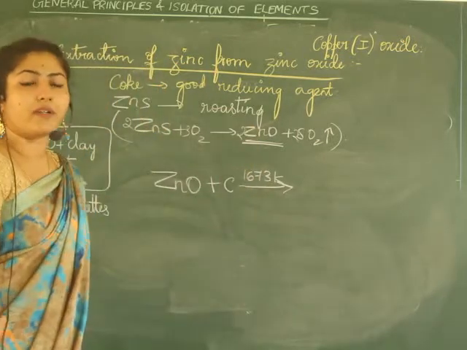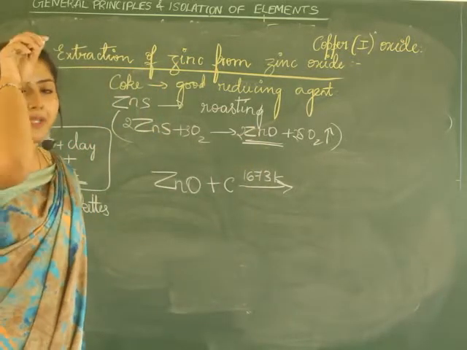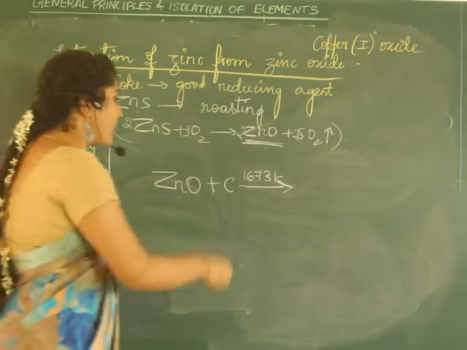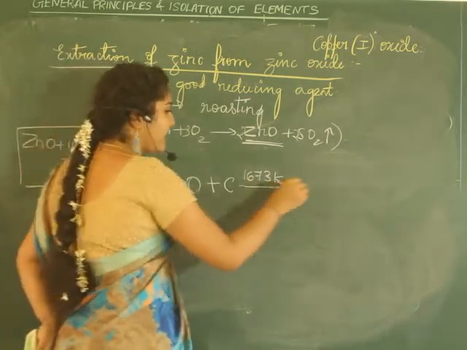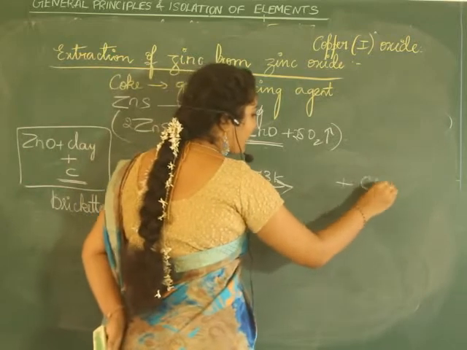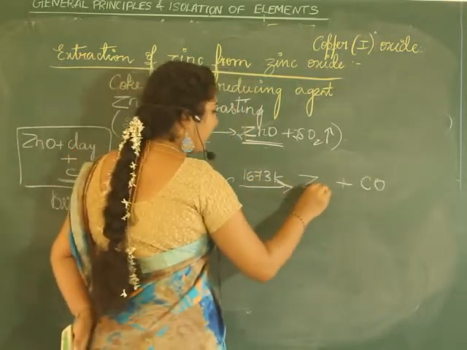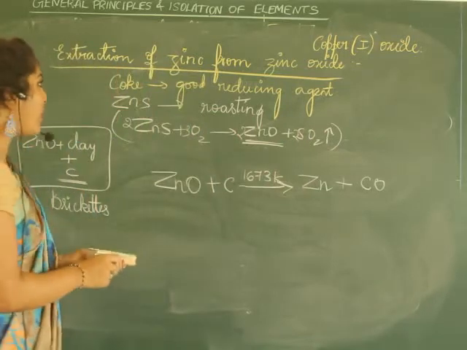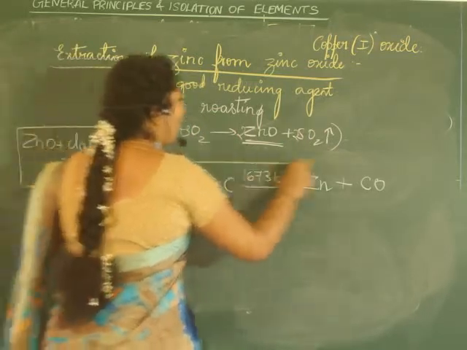Compared to copper, a slightly higher temperature is used in the case of zinc oxide. Now here carbon monoxide escapes, leaving behind zinc. This is extraction of zinc from zinc oxide.